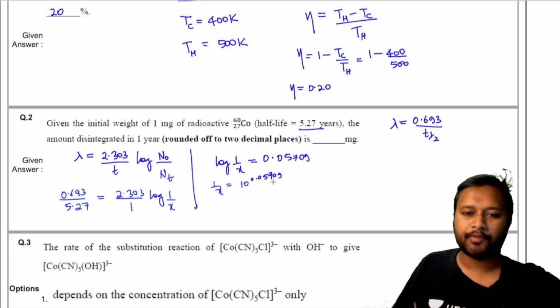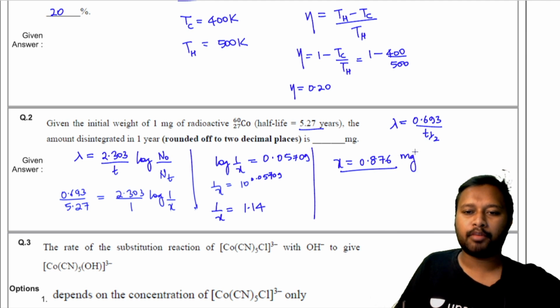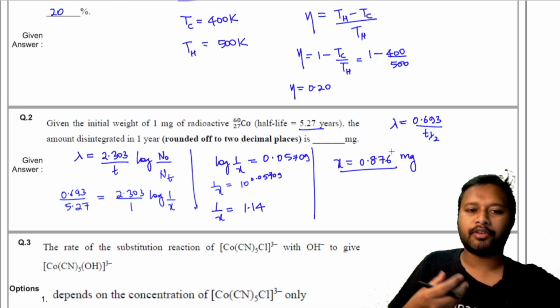You can put it in the calculator. You will get 1 upon x equals 1.14, or you can say that x is going to be equal to 0.876. Now this is the amount in milligram which will be left after 1 year.